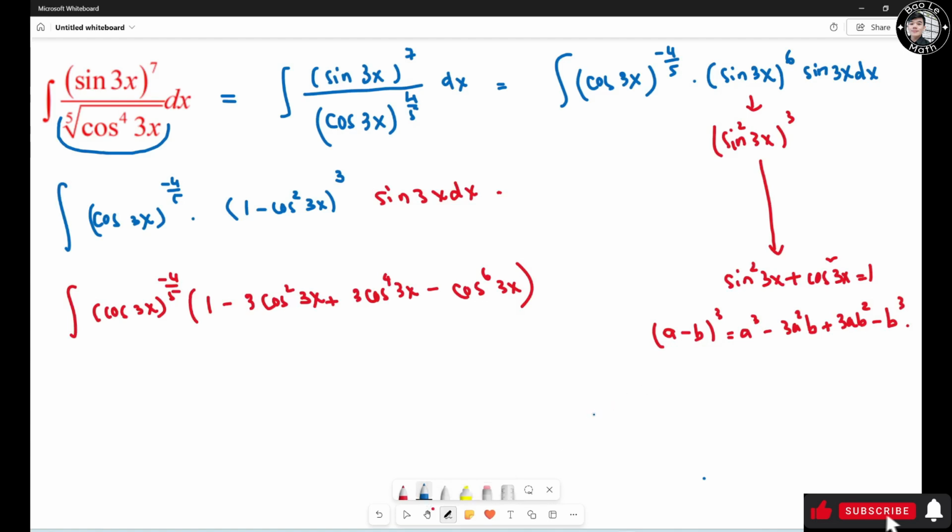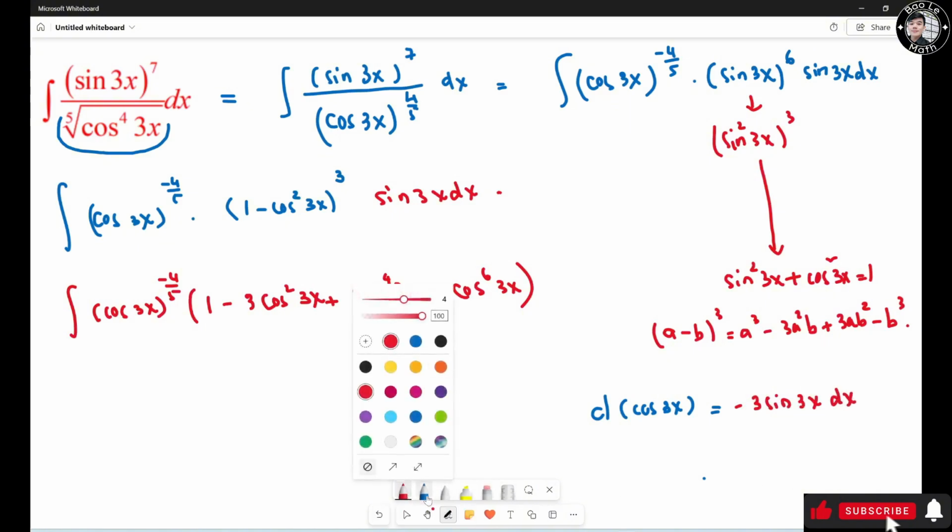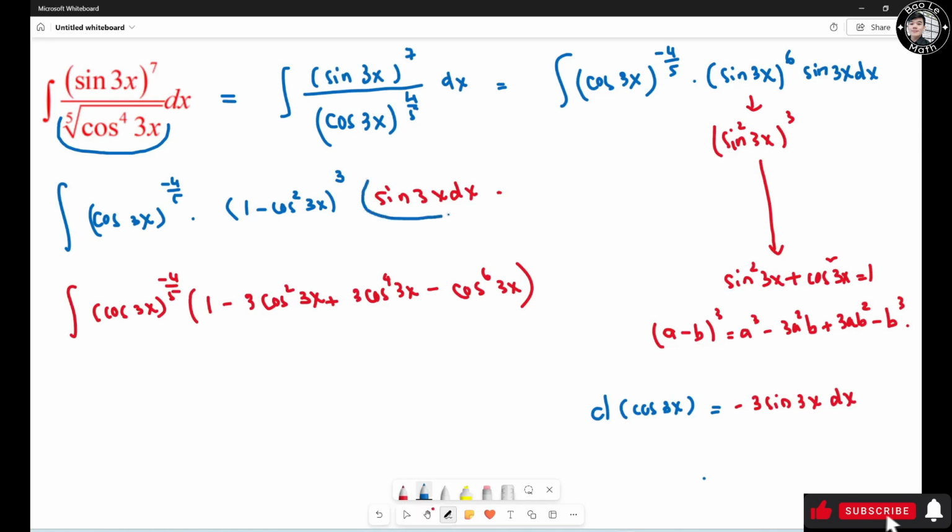Now, if I want to take the derivative of cosine of 3s, what happens? It's going to be negative 3 sine of 3s ds, right? So I look at this one right here, I have sine of 3s ds.